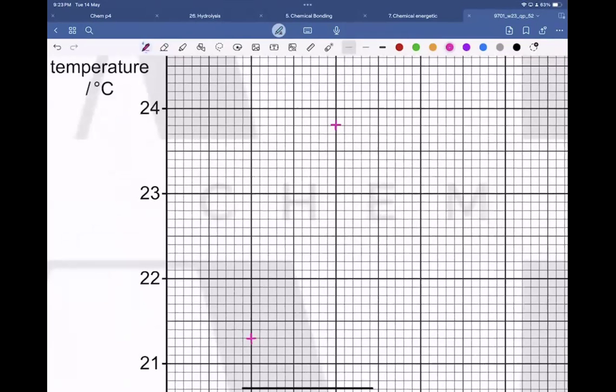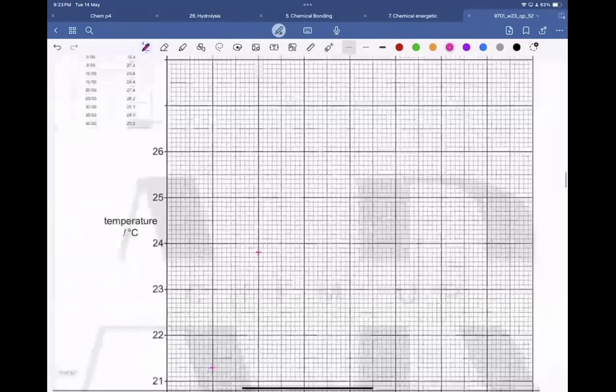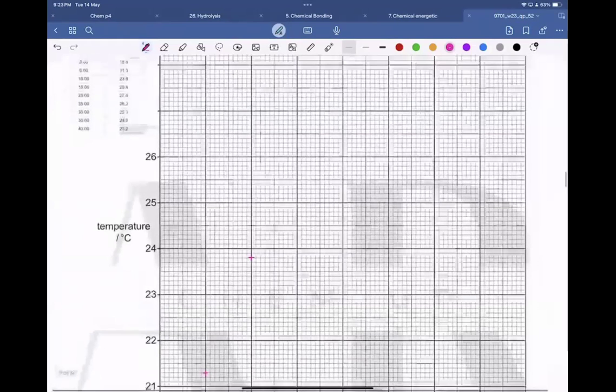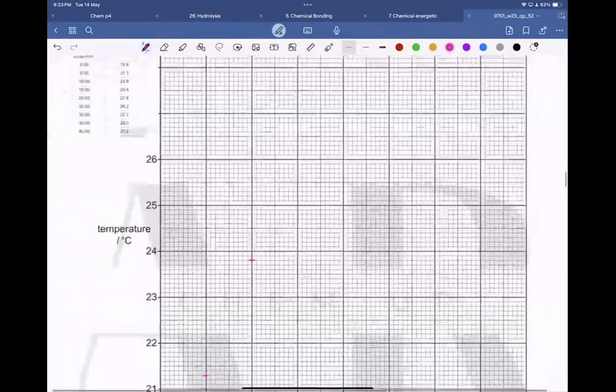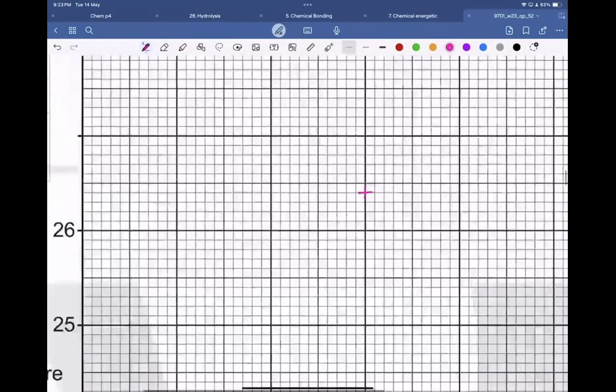Then at 15, it's 26.4. Then at 20, it's 27.4.